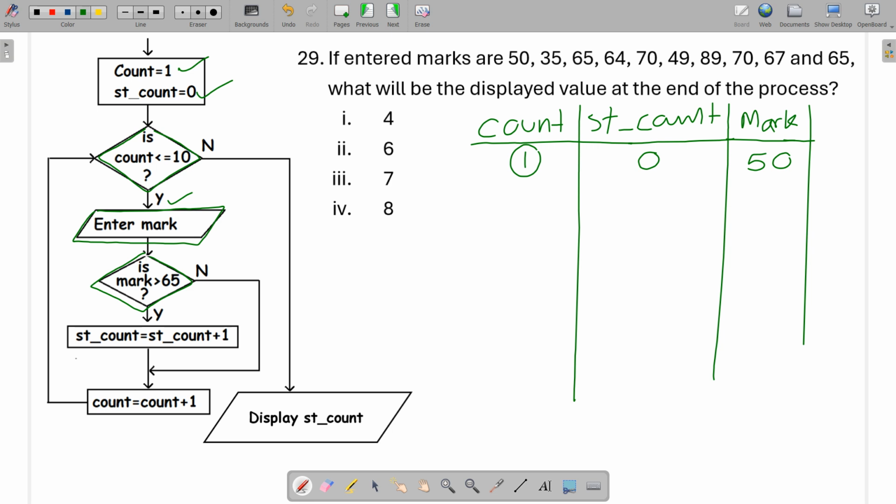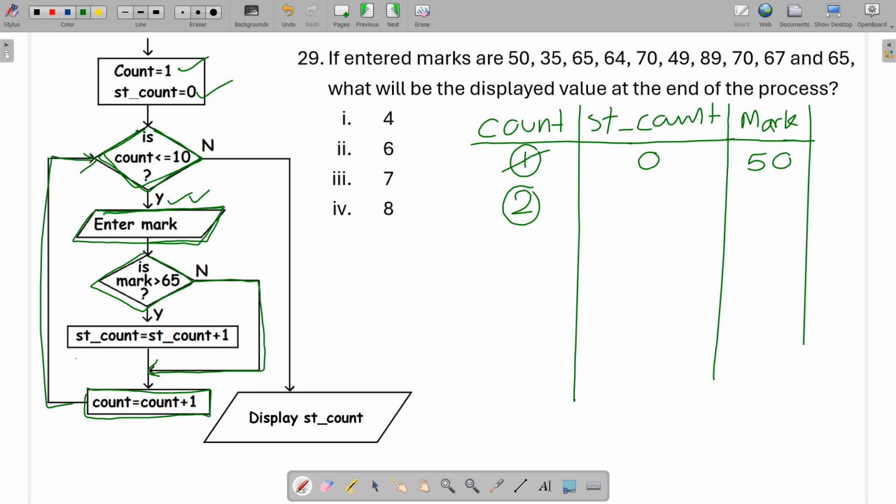Mark is 50, it is not larger than 65, so it goes on the no path and then increases the value of count by 1. So count will become 2. It goes up and checks whether the count is less than or equal to 10. Count is less than 10 because it is 2, and so it happens on the yes path again.